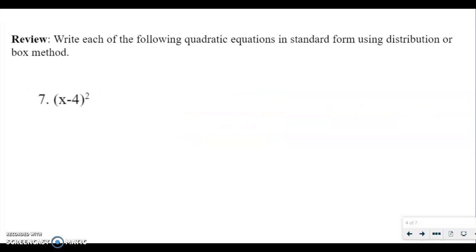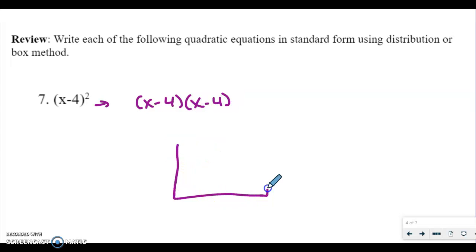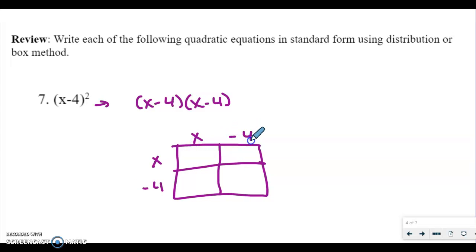Now, we also talked about taking a value to the second power, and how if it's being squared, that means we have two of the same thing. So we're taking x minus 4 times x minus 4. We can use the same principle with our box. X in x is x squared.